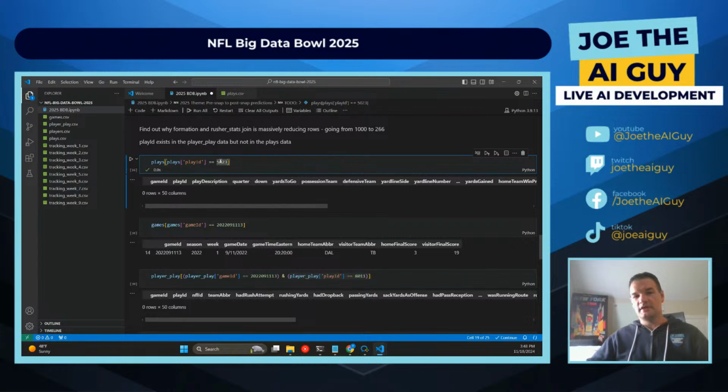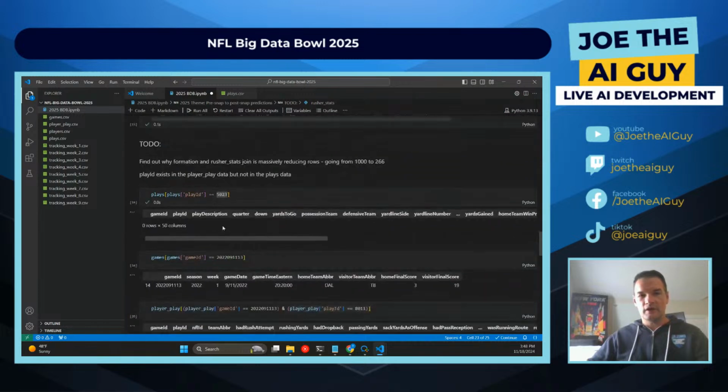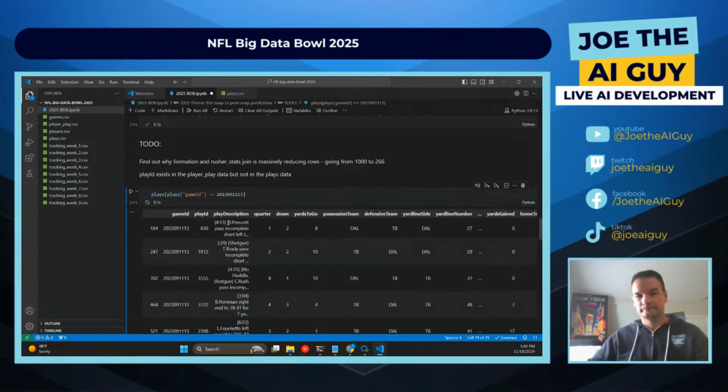Once we go to the play IDs and we input that specific 5023 there, I'm not even including the game ID filter. We're just looking for the specific play ID. Now if we go here, and I'm just going to change to game ID, we should see a number of plays, right?